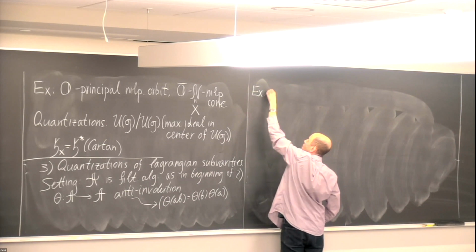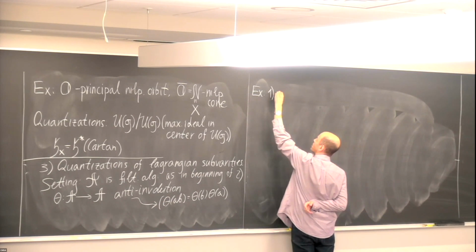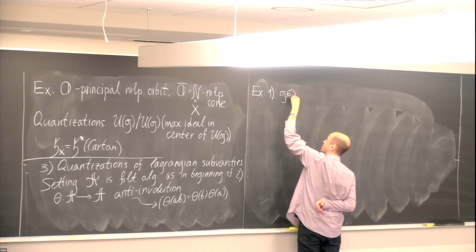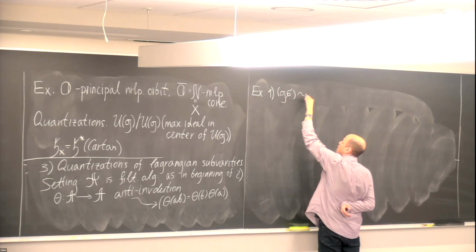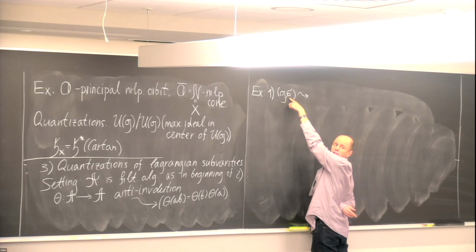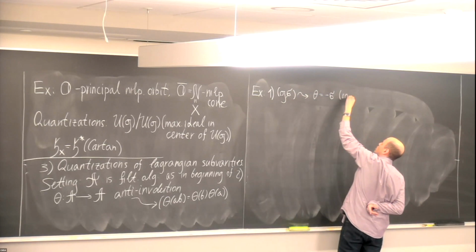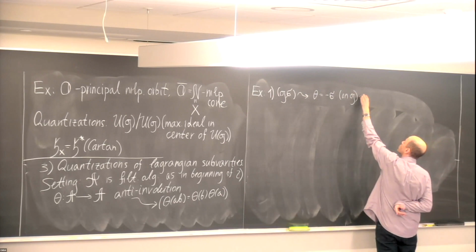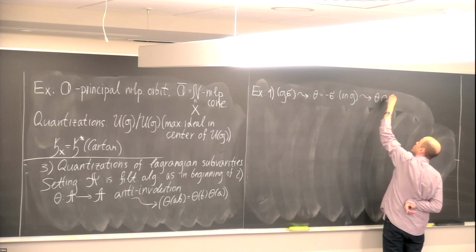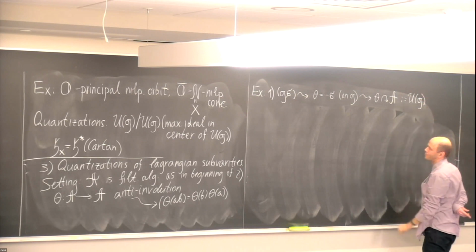Example number 1. Let me take g and sigma like in the very beginning of this talk. Sigma is a Lie algebra involution, and it's very easy to convert it into a Lie algebra anti-involution. Let me put theta to be equal to minus sigma on g. And then I can extend this theta to an anti-involution acting on the universal enveloping algebra. That's one example.